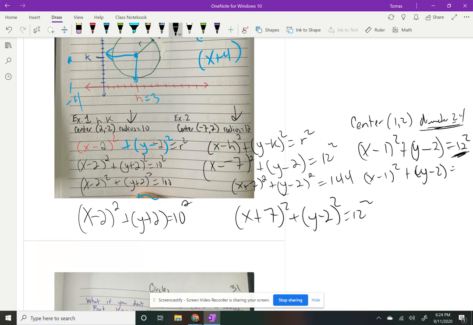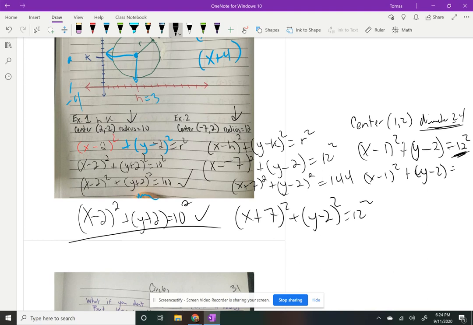So this is correct in my book, and this is also correct in my book. It just depends on what they're asking, so you got to be careful. If they ask you for the form, I would leave it like this. If they ask you for the most simplified form, then you would square it.